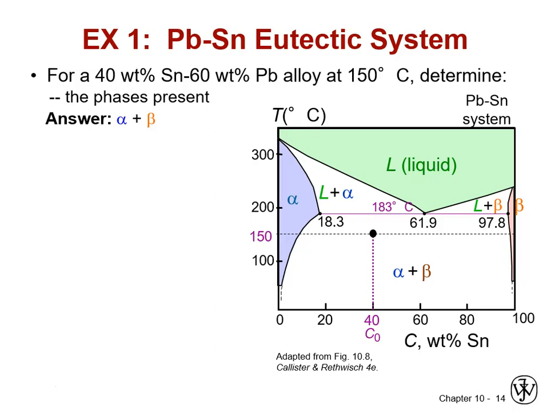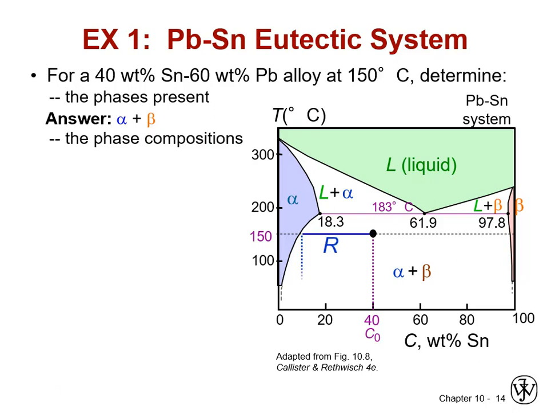So we're going to look at a different composition in this case, maybe looking at heating it. If we started out at 40 weight percent tin, so 60 lead, 40 tin, as our average composition, and we heated it up to 150 degrees, we wouldn't melt it. We'd still just have alpha and beta present.